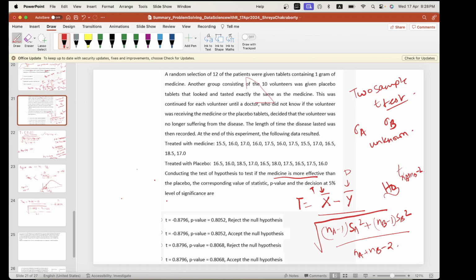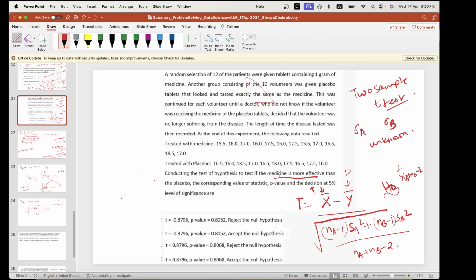Here you see, just forget about the t value for the time being. Just try to formulate the hypothesis. If they are asking that the medicine is more effective, wait, let us read it.